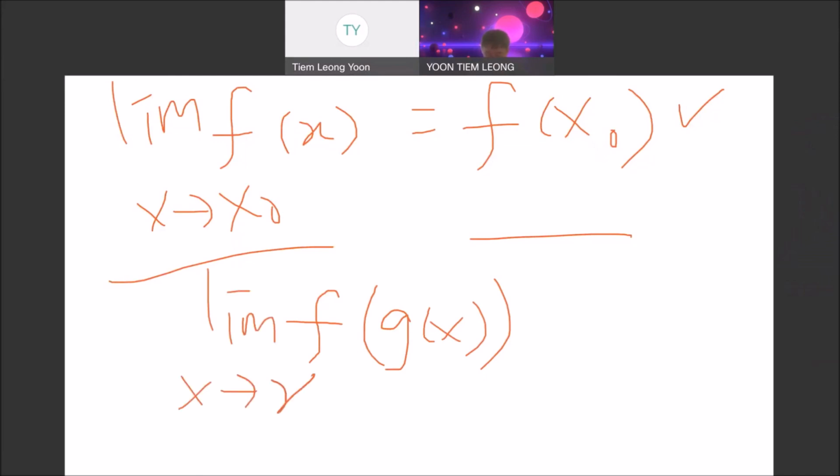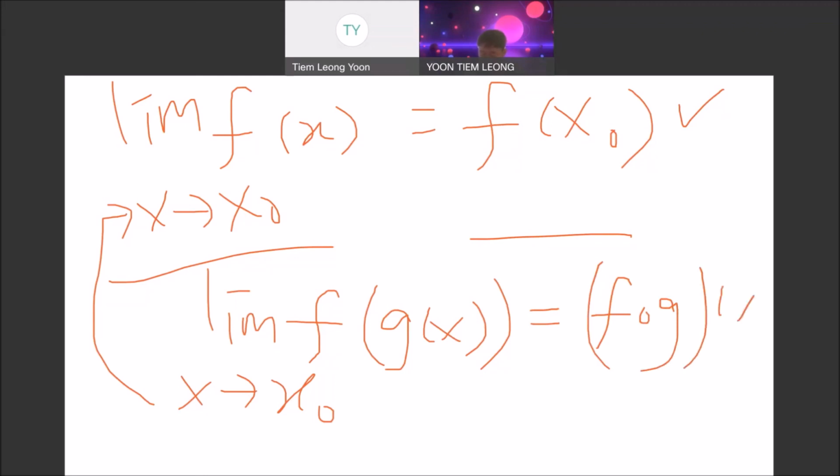Here let me call c equals x naught, so that it refers to the same limit of x naught instead of using c. Then this just equals the value of the composite function evaluated at x naught. So if the limit of the composite function exists, then that limit must equal the value of the composite function evaluated at x naught.